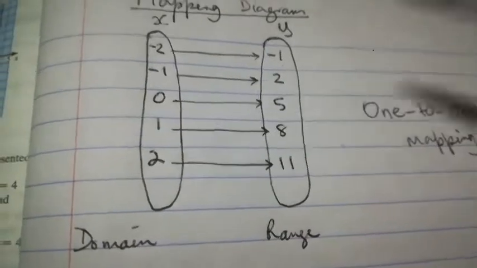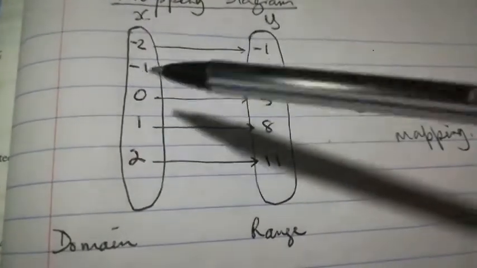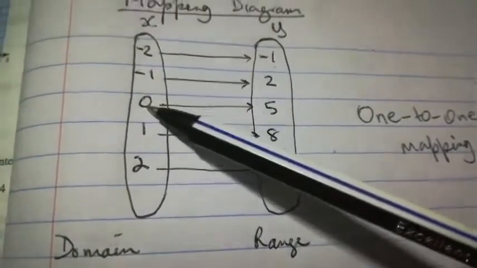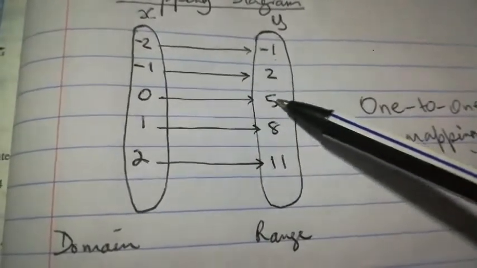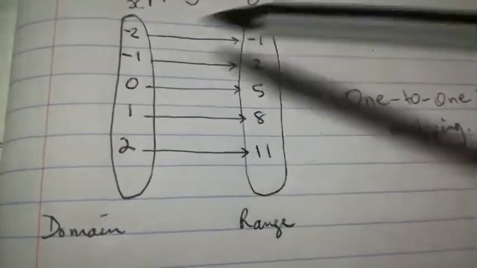That's the difference between a relation and a function. In some relation diagrams, you may find that one element in the domain maps onto more than one element in the range. When that happens, this mapping cannot be considered a function. It is just called a relations mapping.